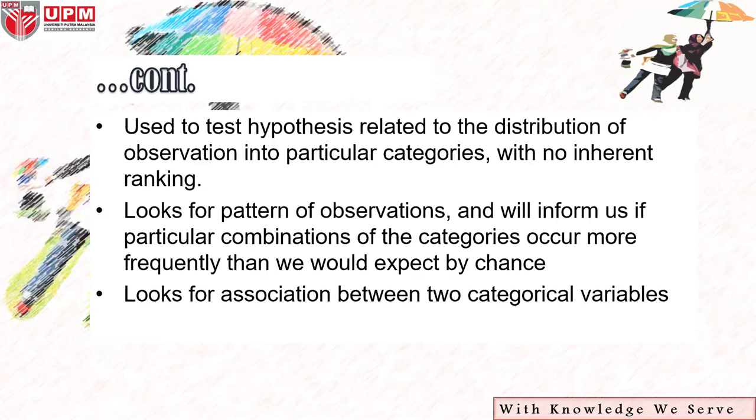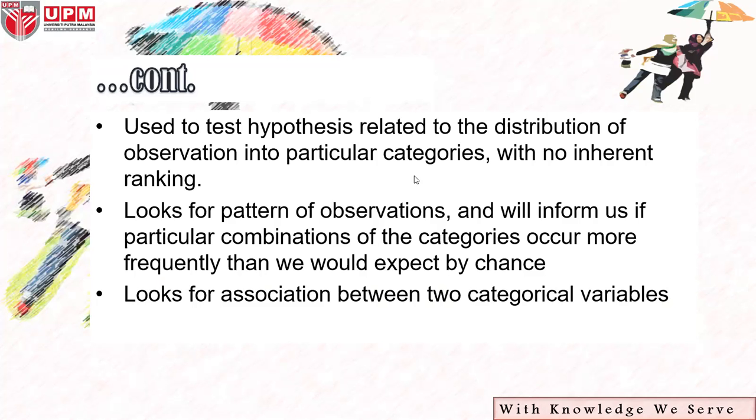We are also interested in looking for association between two categorical variables, both IVs and DV. Last time we learned how to test the association between variables by using Pearson product moment correlation or Spearman rank order. But now we are interested in checking the association between two categorical variables by using the chi-square analysis.